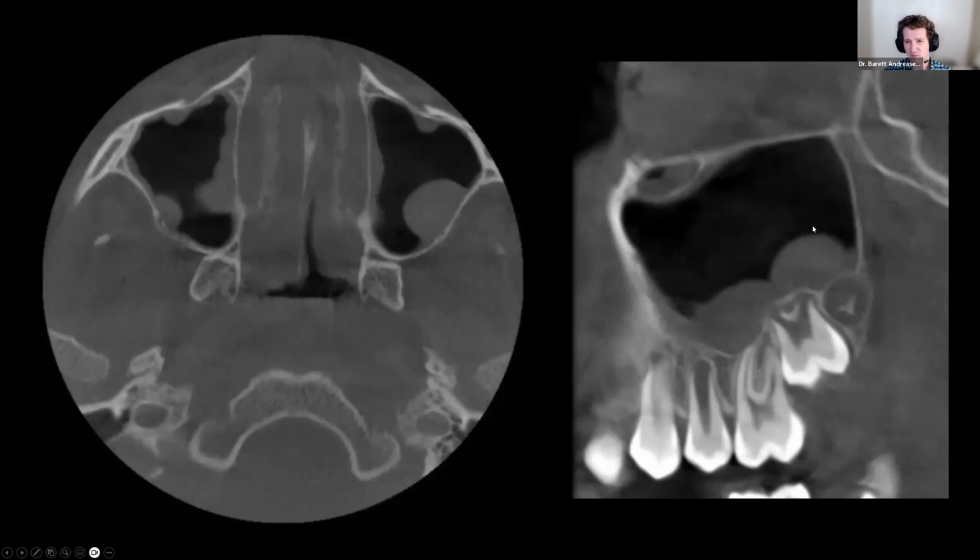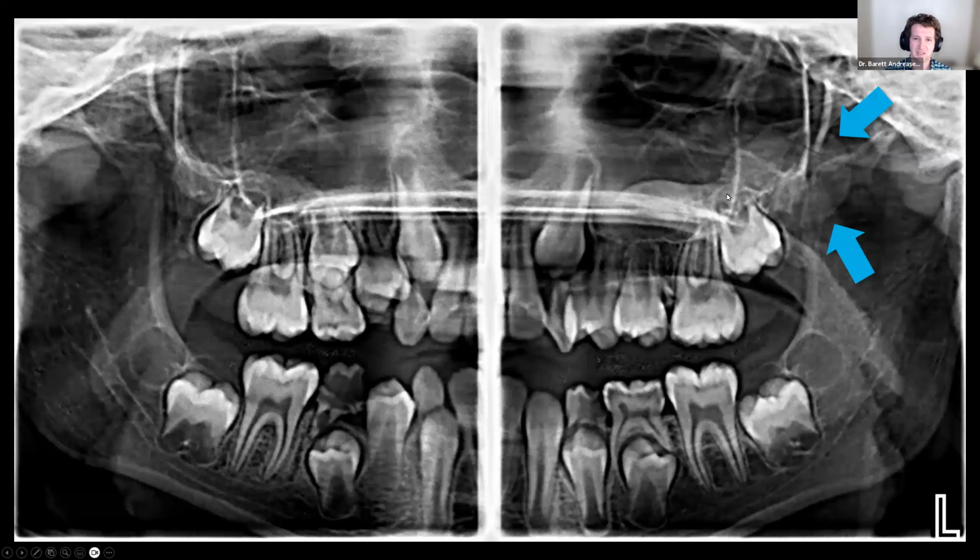And so what we decided was that what we were seeing in the pano was, yes, this mucosal thickening here along the floor of the sinus, and then probably something to do with the turbinates here. They look a little bit enlarged, maybe some congestion. So probably a combination of some sinus findings as well as the turbinates that we're seeing superimposed over this area. Thankfully, again, no pathology here for the patient, but without that additional information, we could start making all kinds of worrisome claims to this patient, right?